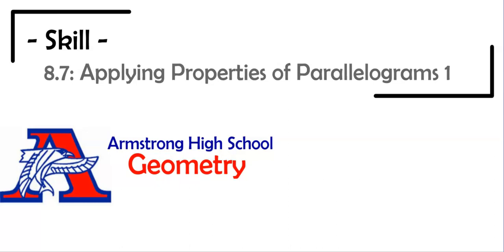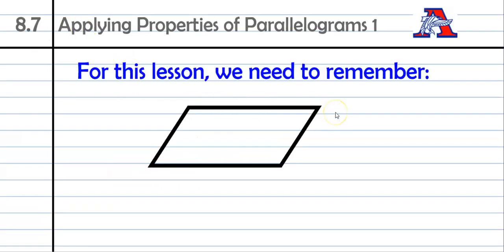We are going to need to remember the things from the last lesson. Well, not all of the things actually. We're not going to be dealing with any diagonals for this one. So we need to remember that the sides of a parallelogram are parallel to the sides across from one another. They're also congruent.